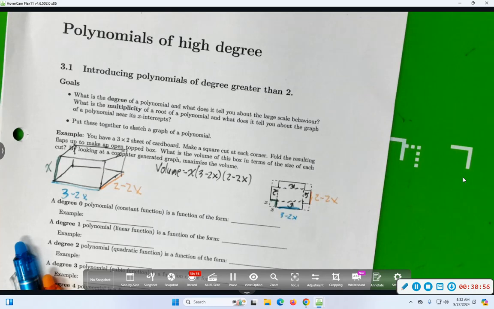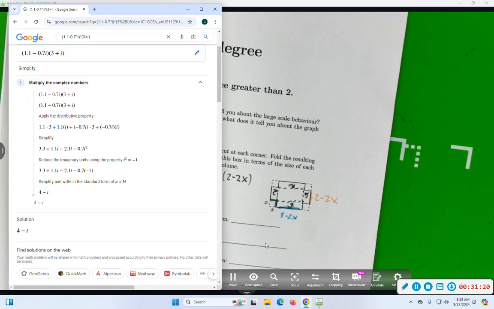If I just asked you, determine about what x value maximizes the volume, what's something you could do? Seems like something you could have a computer graph. Yeah, I don't know how to graph it by hand, which is fine. We will be able to graph this by hand by the end of this section of the notes.